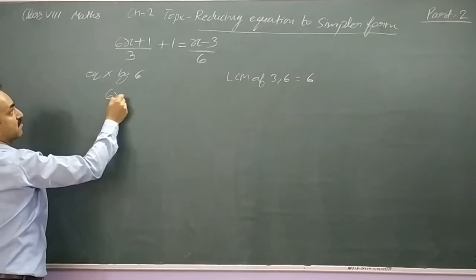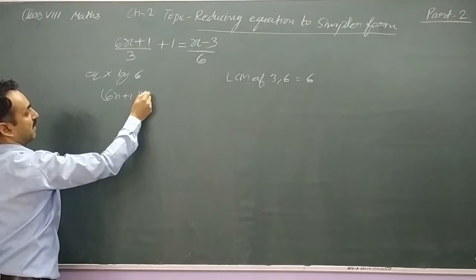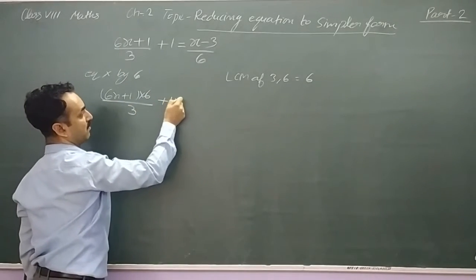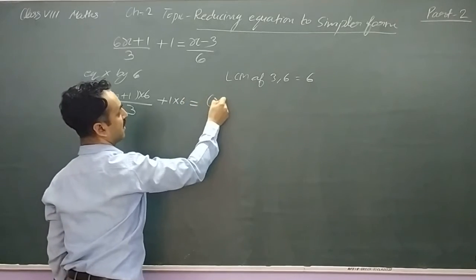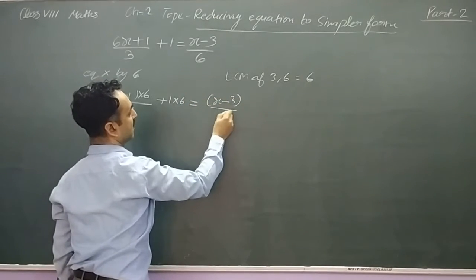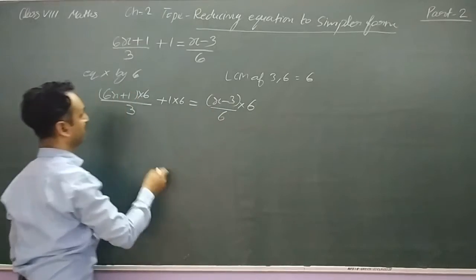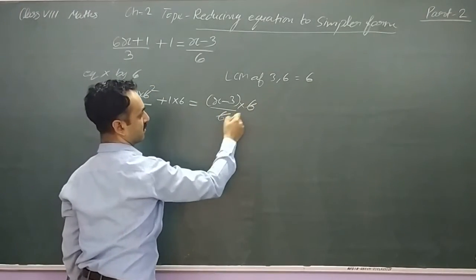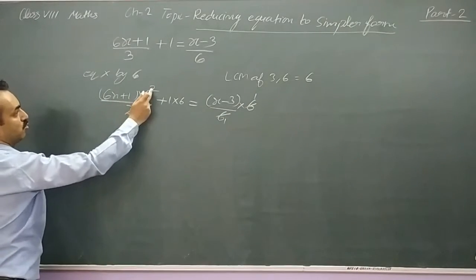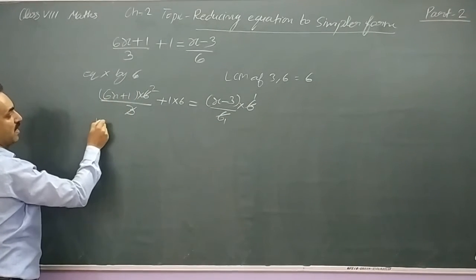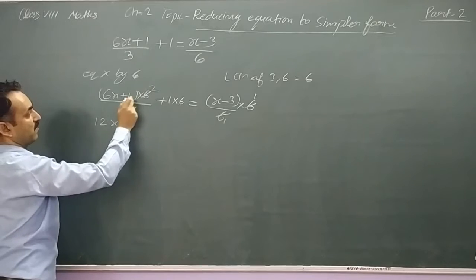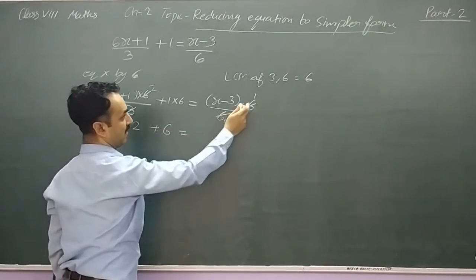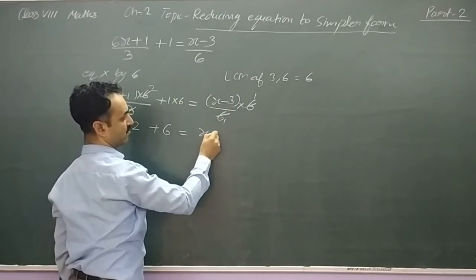So 6x plus 1 multiply 6 upon 3 plus 1 multiply 6 is equals to x minus 3 upon 6 multiply 6. 3 twos are 6, 6 ones are 6. So 2 multiply by 6x is 12x, and 2 multiply by 1 is 2, plus 6, and 1 into this same x minus 3.